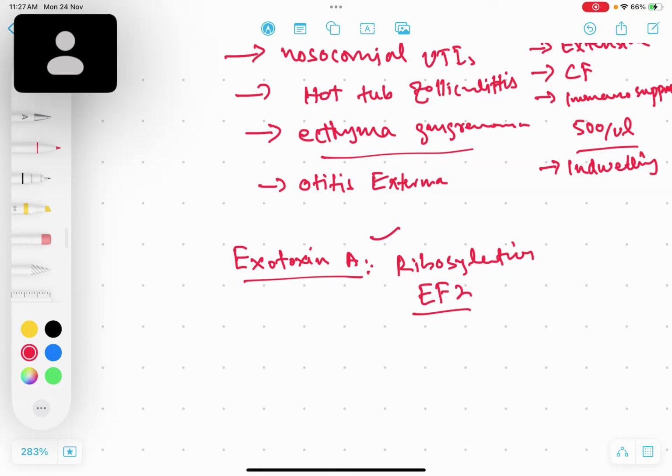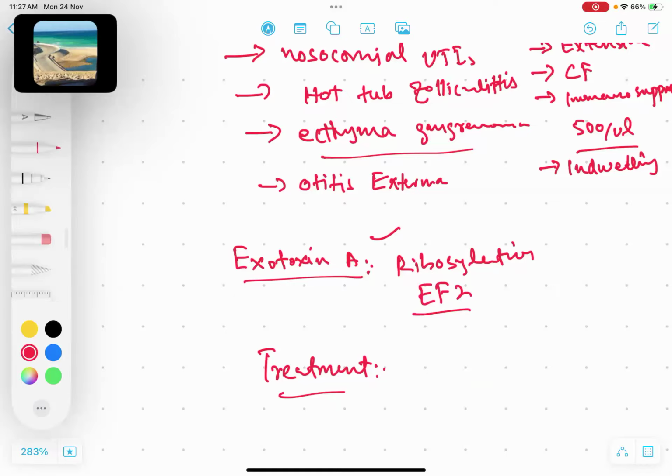We discussed that one. What is the treatment of Pseudomonas? Gentamicin. Mm-hmm. Piperacillin, azithromycin. Yeah. Anti-pseudomonal antibiotics. So there are a lot. Okay.